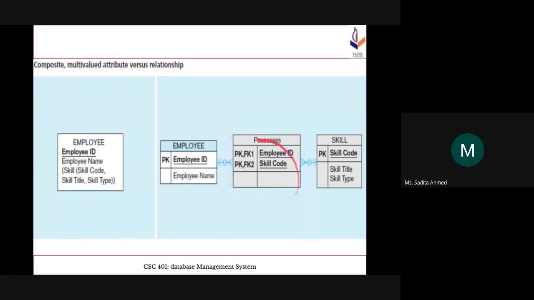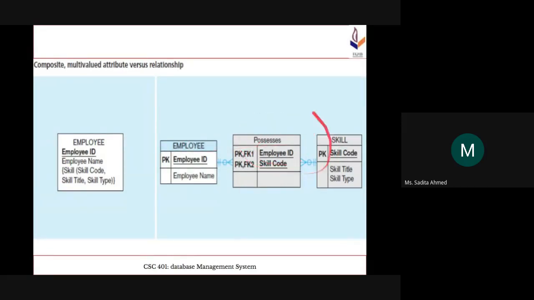চিন্তা করে দেখো possesses entity আমি create করেছি কেন? Skill create করেছি because it's a multi-valued attribute. It has its own characteristics or attributes and so on, right? So skill নামে একটা entity create করলাম. Employee was already there. Possesses কেন create করেছি? To represent the relationship between employee and skill. The fact that an employee can have many skills and a skill could be had by multiple employees. এই জিনিসটা represent করা হবে.